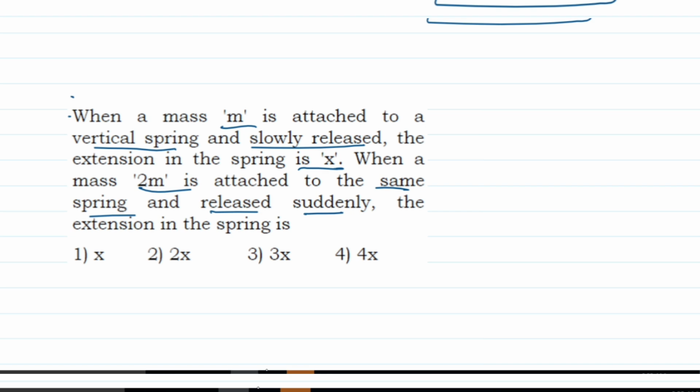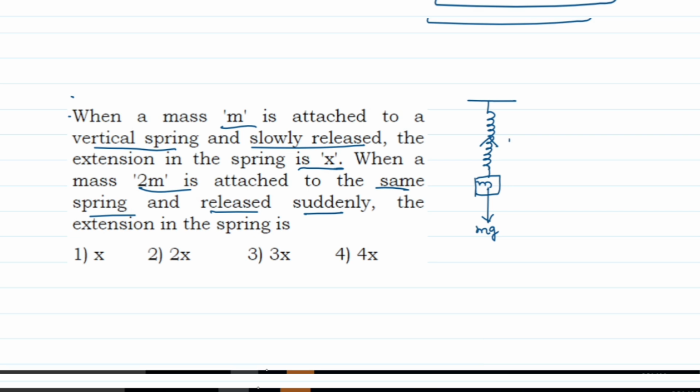Here you just look at students, when a mass you are going to be suspending initially, this is the spring you can take, and this is the mass m you are releasing slowly. After releasing this body, the weight is going to be balanced by its restoring force.